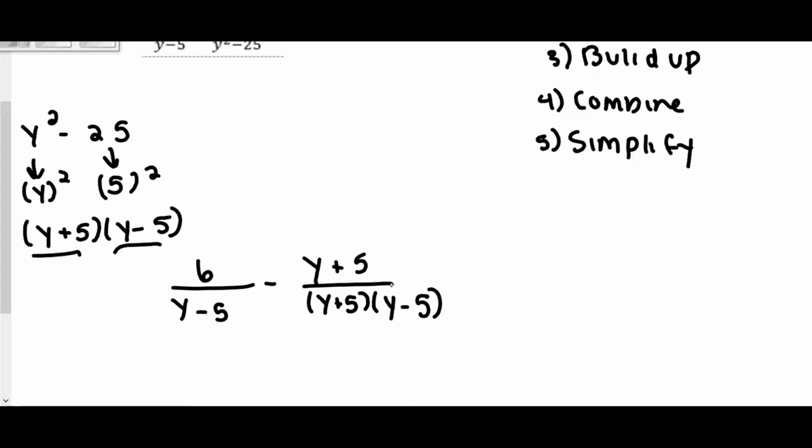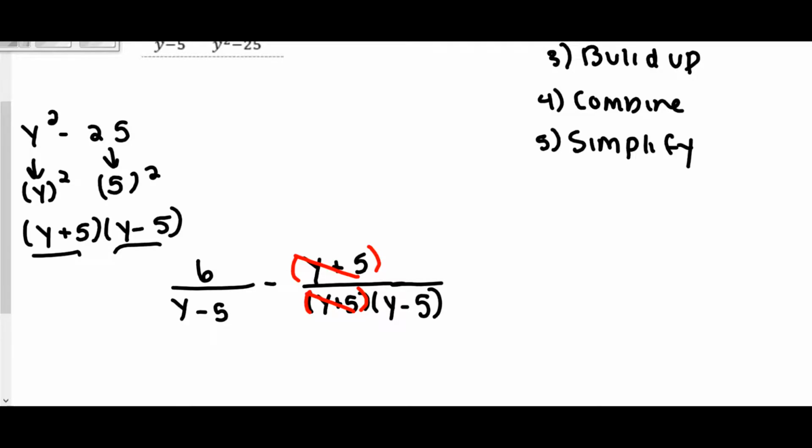Now, at this point, our next step would be to find my least common denominator. However, if you see another way or an easier way to do it, by all means, you can do it this easier way. When we factor, we have a y plus 5 up here and a y plus 5 down here. So you could very easily just cancel these out.